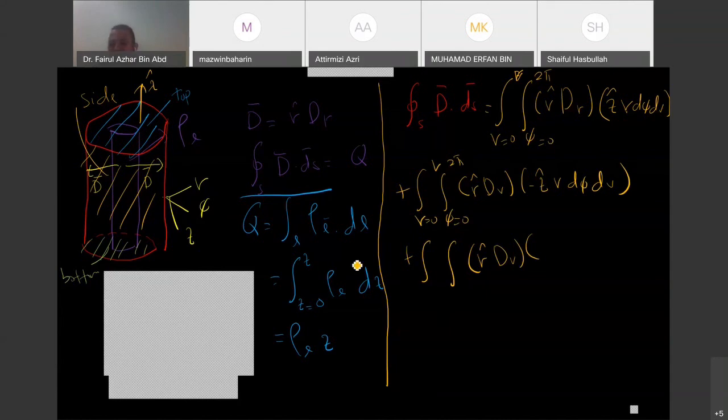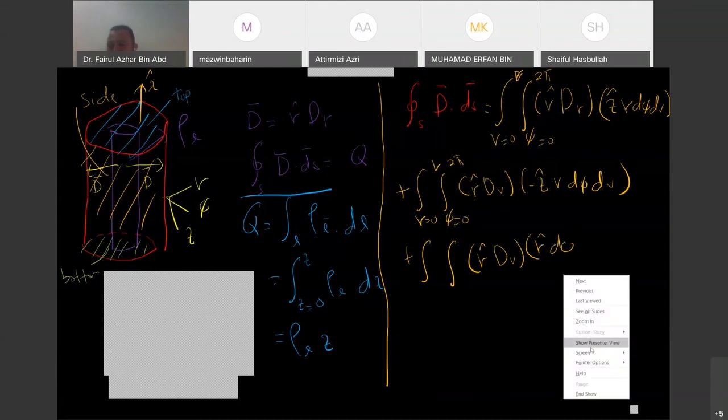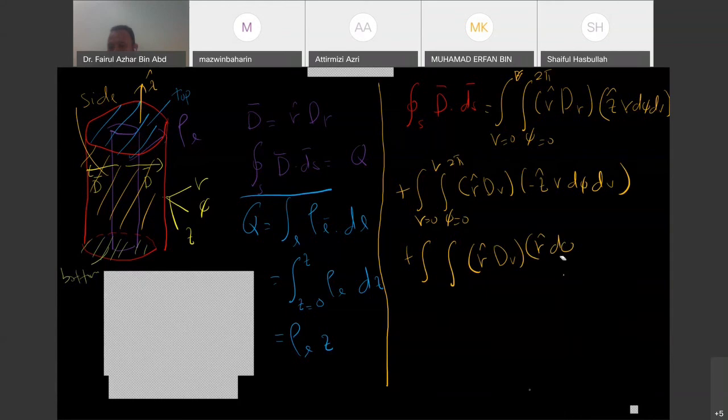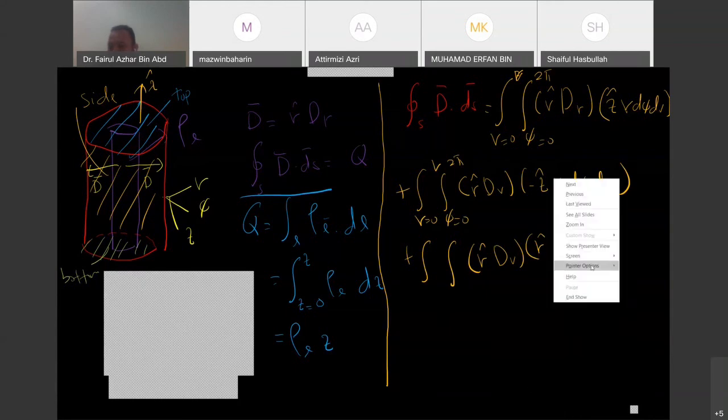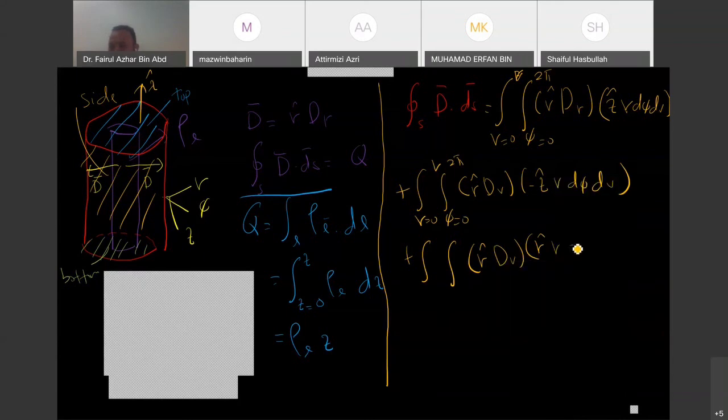Therefore the vector dS is equal to r cap, r d theta dz.